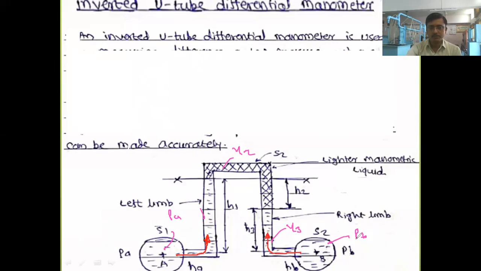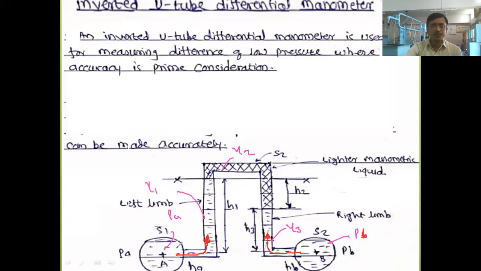It is acting in upward direction, right? Now the pressure intensity because of this column of liquid, whether it will act in upward direction or in downward direction.